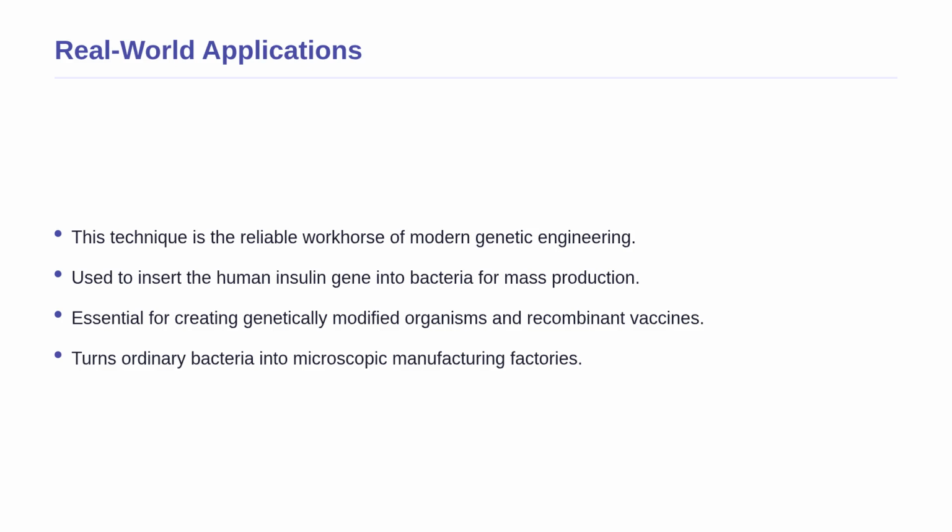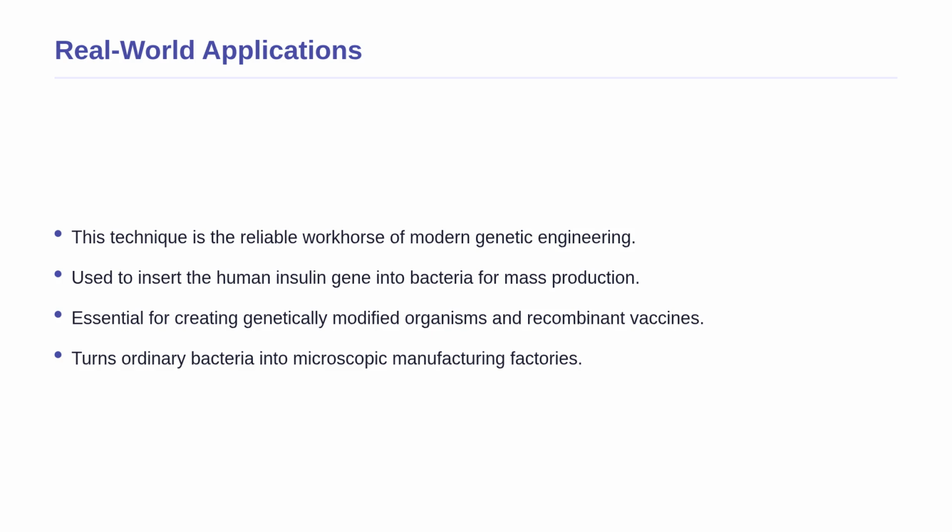Before we move on to the mathematics, let us understand why this matters in the real world. Without calcium chloride transformation, the entire modern field of genetic engineering would simply not exist. It is the reliable workhorse method that turns ordinary bacteria into microscopic manufacturing factories.